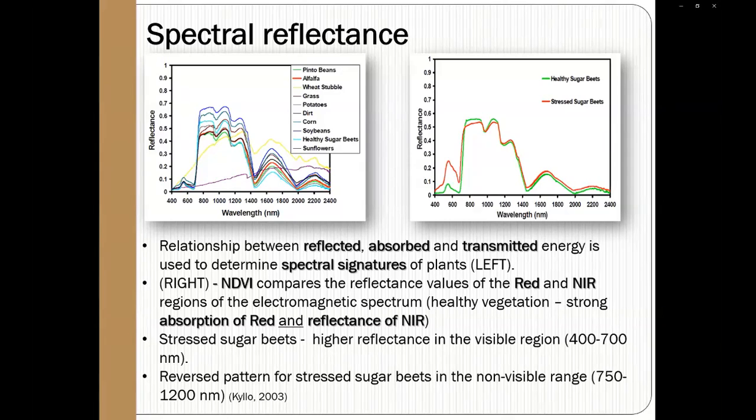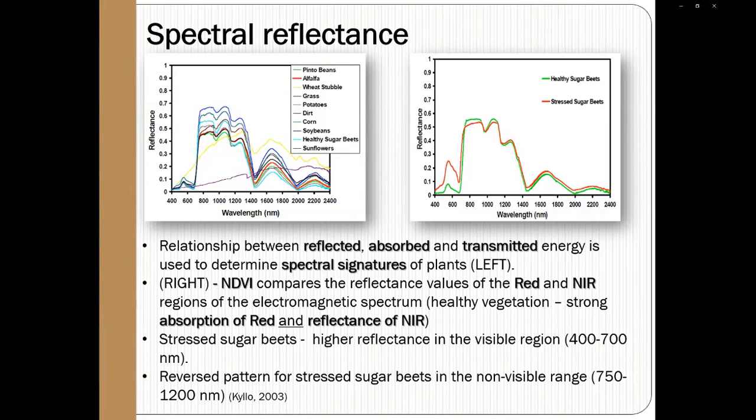The right image shows how the normalized difference vegetation index, or NDVI, compares the reflectance values of red and near-infrared regions of the electromagnetic spectrum between healthy vegetation and stressed vegetation, where healthy vegetation is typically associated with a higher absorption of red and reflectance of near-infrared light.